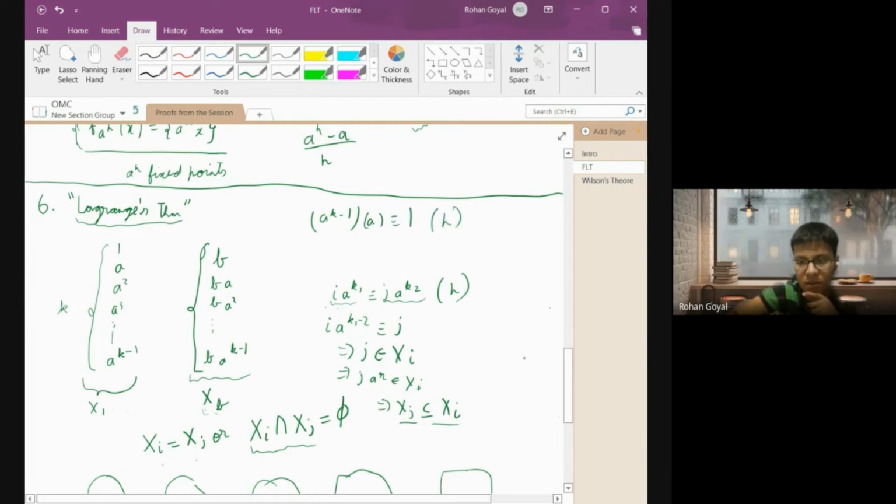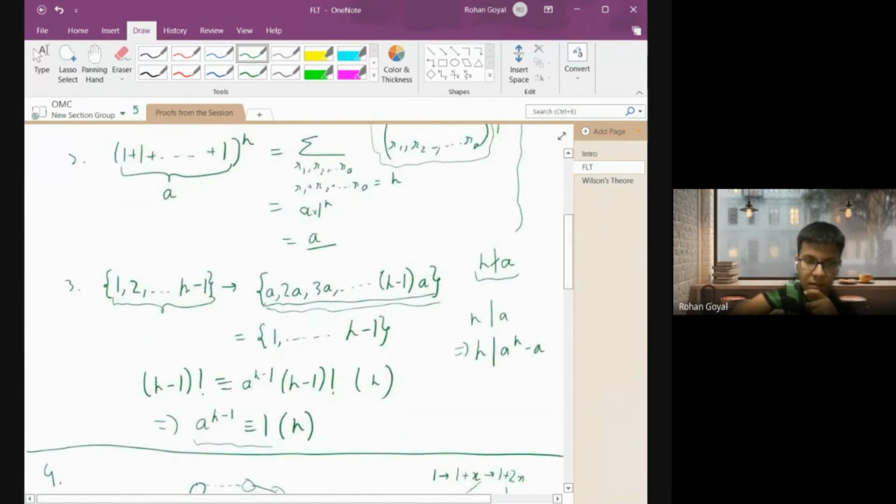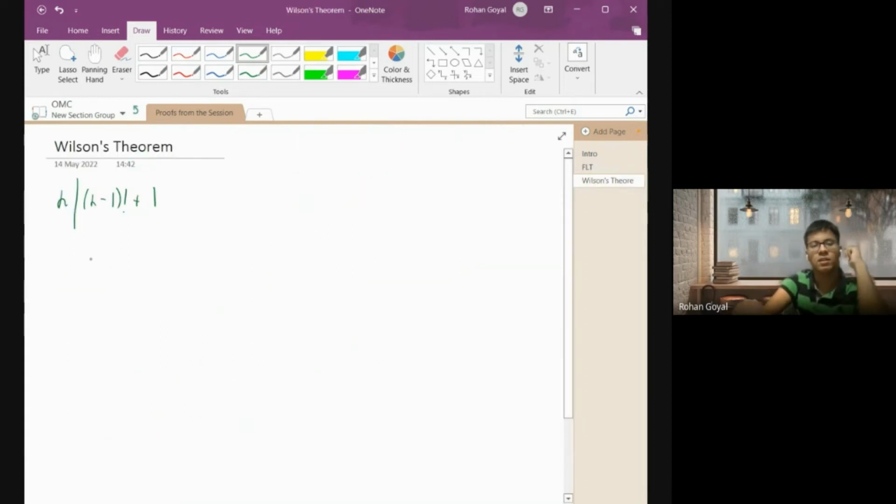Similarly, since you have 1 to p minus 1 and you're multiplying everything with a, you're getting back the same set. So there exists a b such that ab is congruent to 1. So the point is, for every x there exists a y such that xy is congruent to 1 mod p.